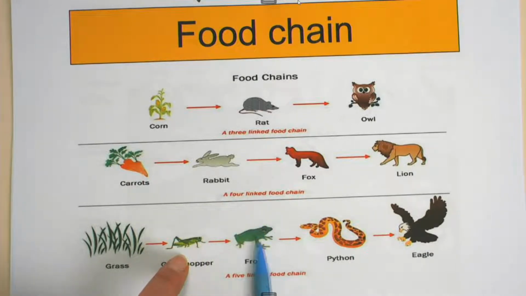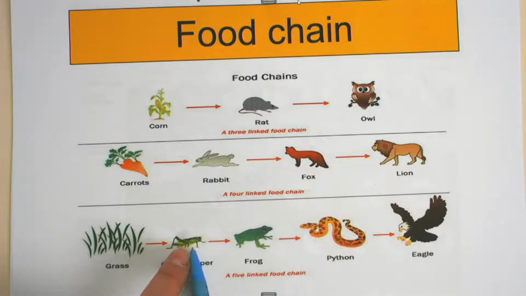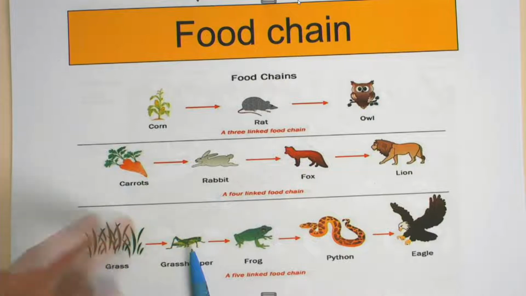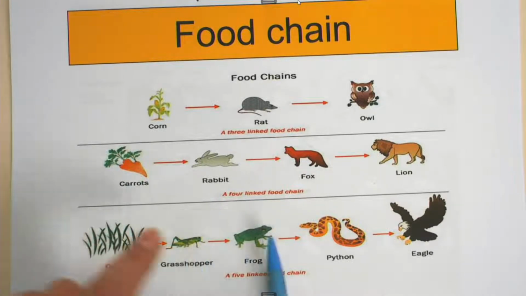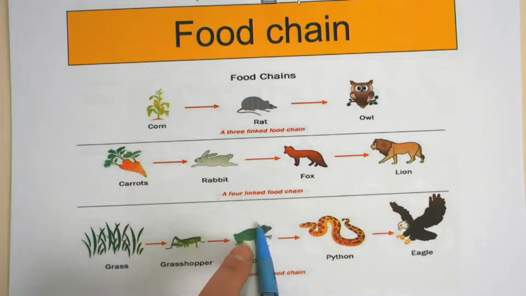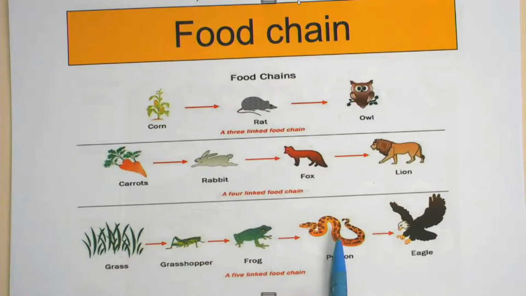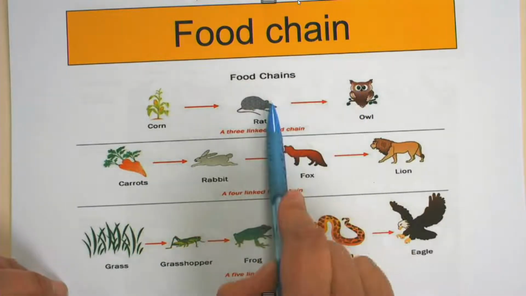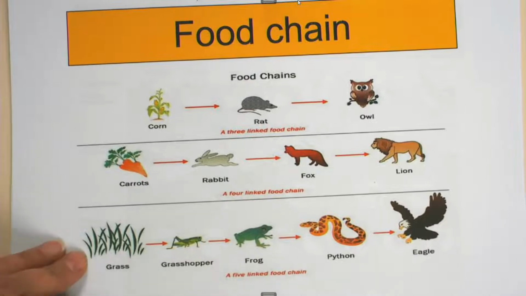I mean, the frog won't eat the grasshopper, so the grasshopper will eat all the grass. So we'll get less grass at one stage. Then when there's no frog, the snake is not going to have frogs to eat. So the snake may die, and we don't have snakes then, if it can't find something else to eat. So every link in this chain has an influence, and it's very important.